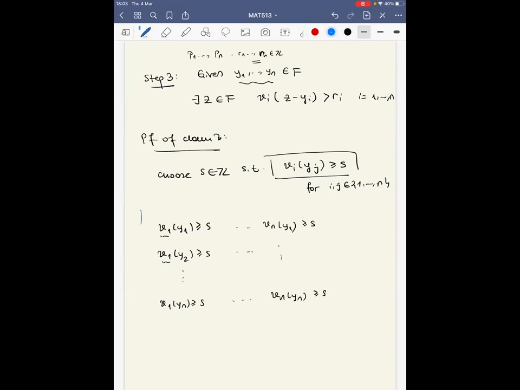And let me state these conditions as table 1.